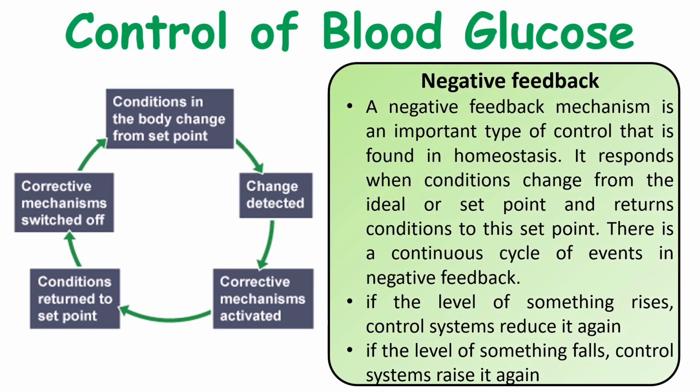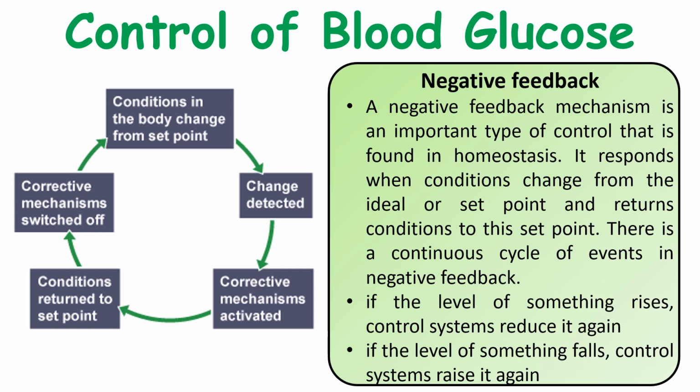One key thing to think about when we're thinking about controlling blood glucose is this phrase, negative feedback. A negative feedback mechanism is an important type of control that we find in most types of homeostasis. It responds when conditions change from an ideal or a set point and returns those conditions to that ideal point.